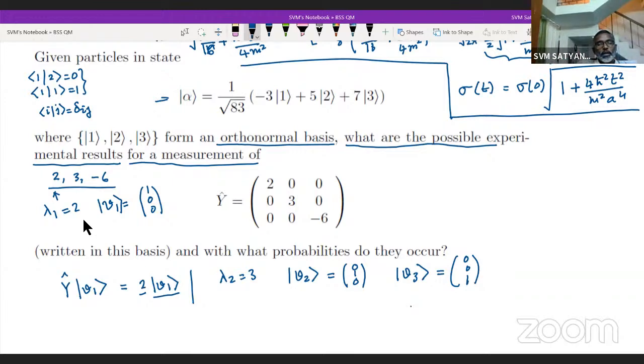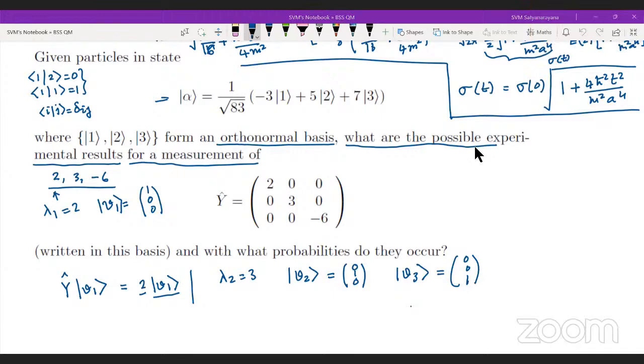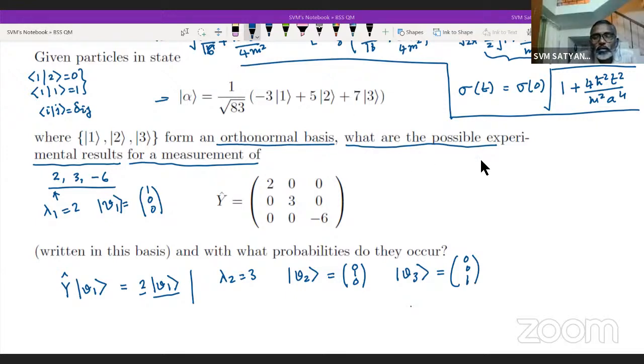Now I have found these vectors. What is this 1, 2, 3 given? Are these 1, 2, 3 the same as V1, V2, V3? Yes, sir, it should be, because when we operate, we should get the eigenvalues and eigenvectors.